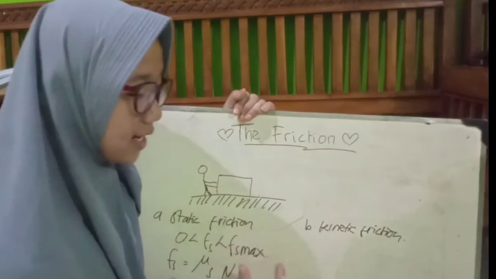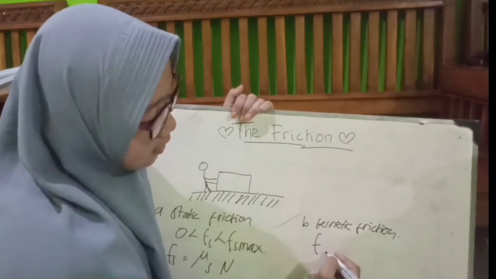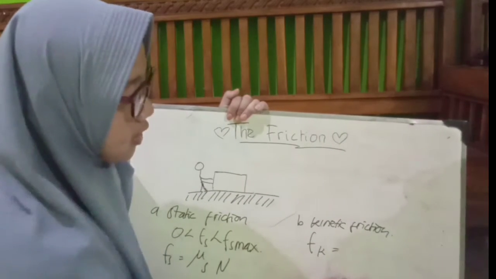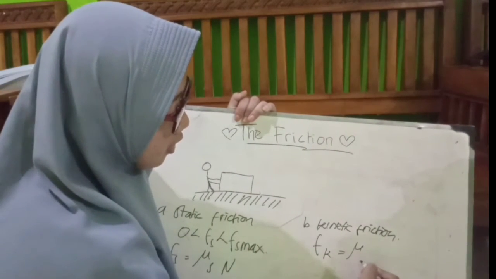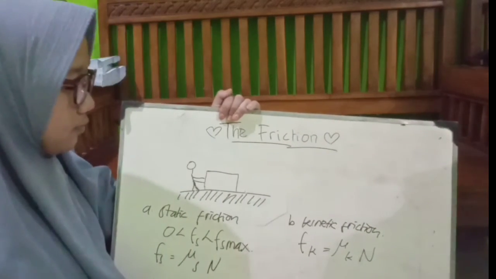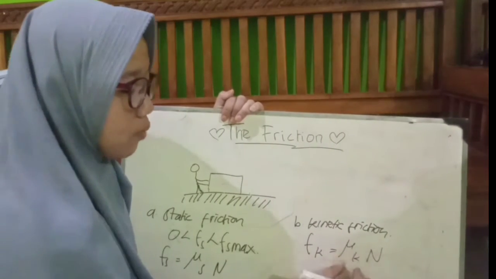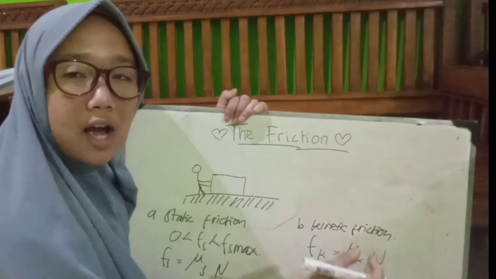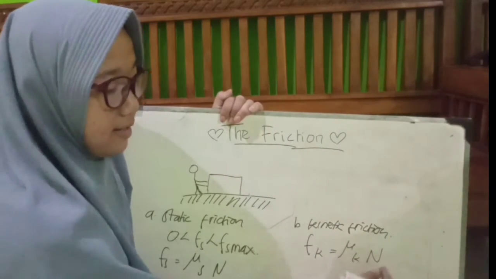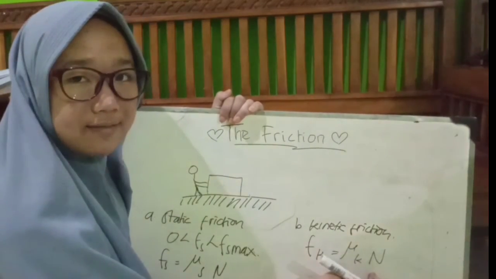How to find kinetic friction is Fk equals µk times N. Fk for kinetic friction, µk for the kinetic friction coefficient, and N for the normal force.